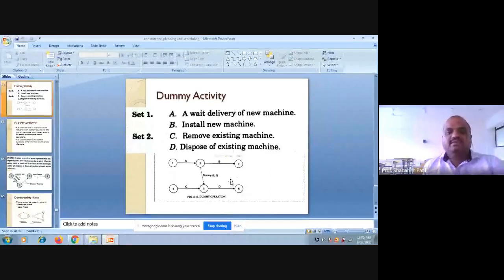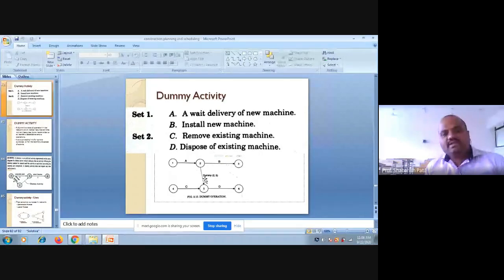I will also take a civil engineering example for this. But you need to understand that a dummy consumes no time and resources, yet we have to introduce it into a network diagram so that the logical or sequential arrangement of activities can be done smoothly. For that, we go with dummy activities.